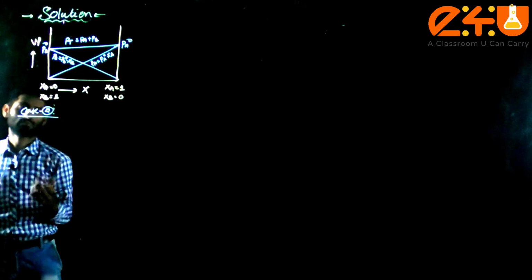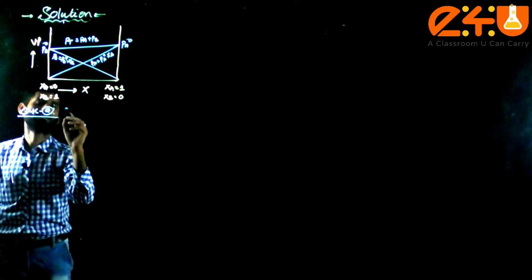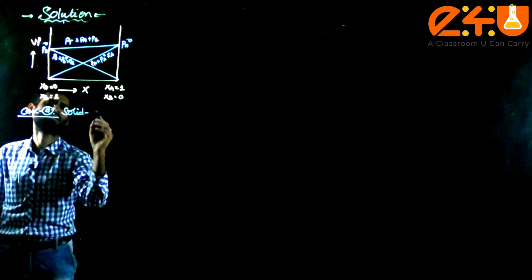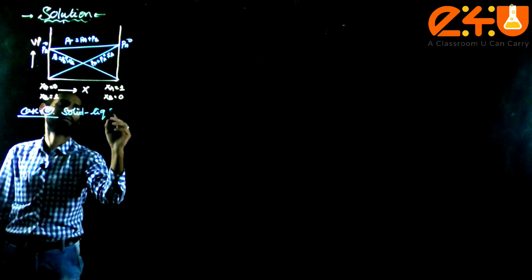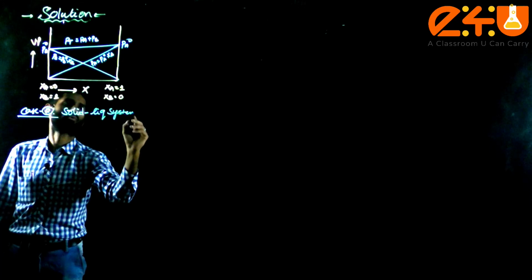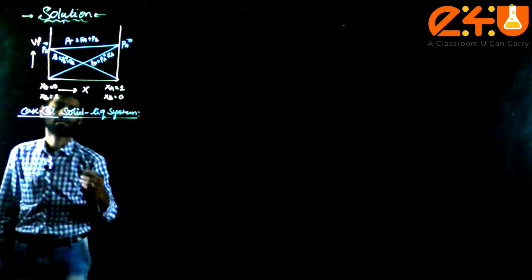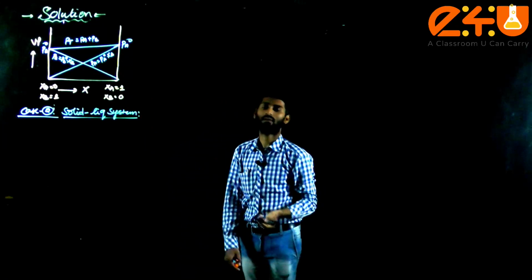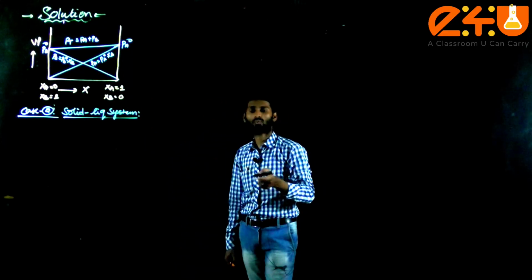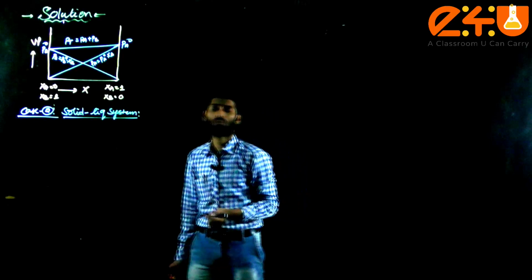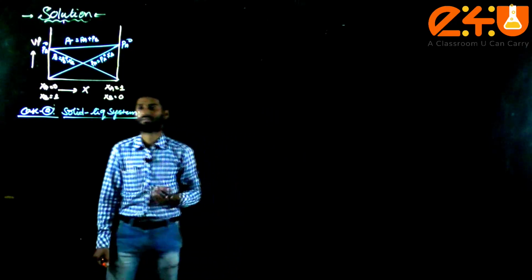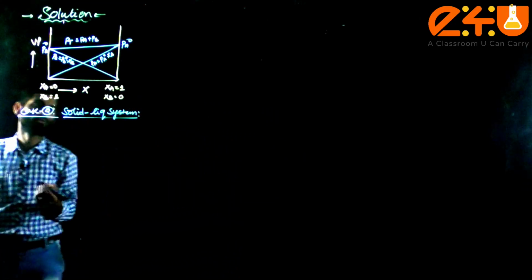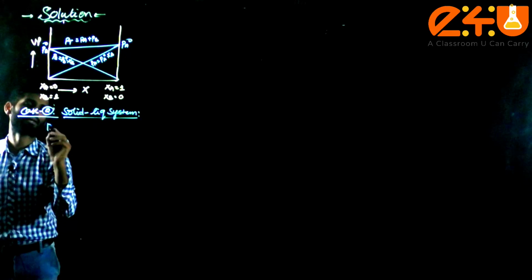Next comes case 2. Case 2, we can take solid in liquid type of solutions here. This is a normal solid in liquid type of solutions or system, the same thing. The relative lowering in vapor pressure of the dilute solution containing a non-volatile solute is equal to the mole fraction of the solvent. Generally we have to consider the relative lowering. There is no derivation here, you can write it directly.